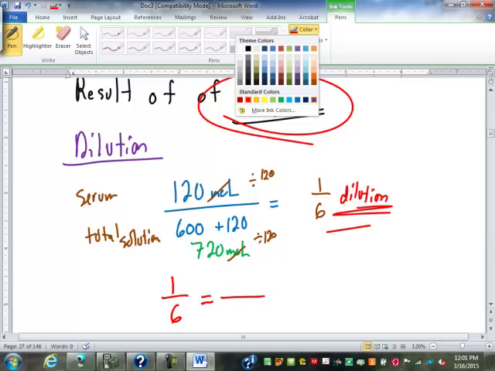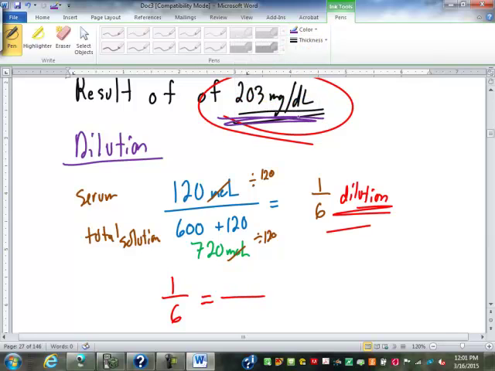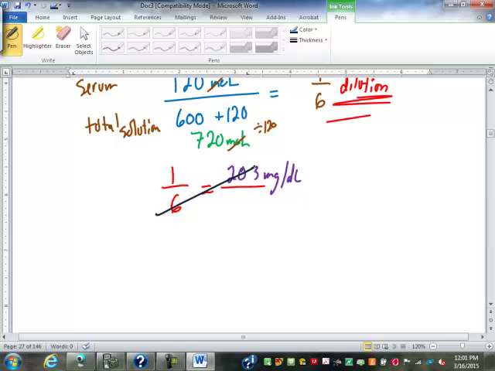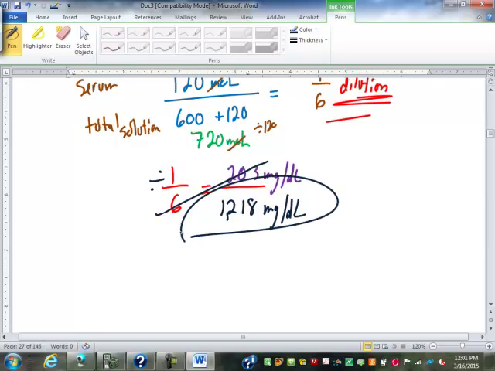Since that has to represent the smaller of the two numbers, that's the diluted amount, and the real amount has to be larger than that, it goes with the 1. And then, of course, to find the actual reading, we're going to cross multiply and divide. 6 times 203 divided by 1 is 1,218 milligrams per deciliter.